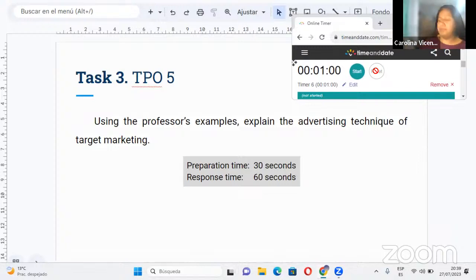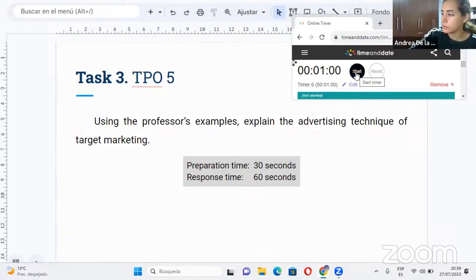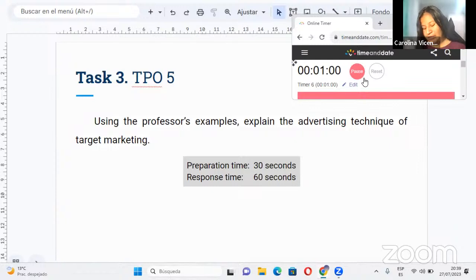Can I try, please? Of course, Carolina. Please go ahead. Okay, according to the passage, target marketing is defined as a technique or as a strategy to advertising to a smaller audience. And according to the professor, there was an example about a cell phone, right?